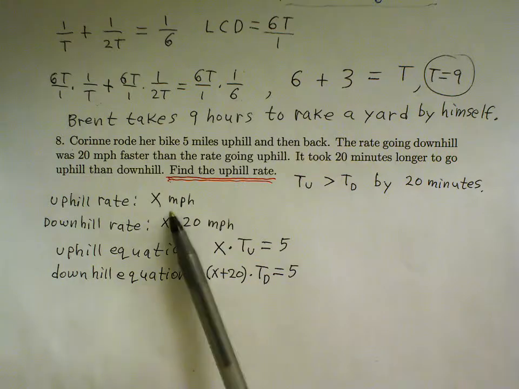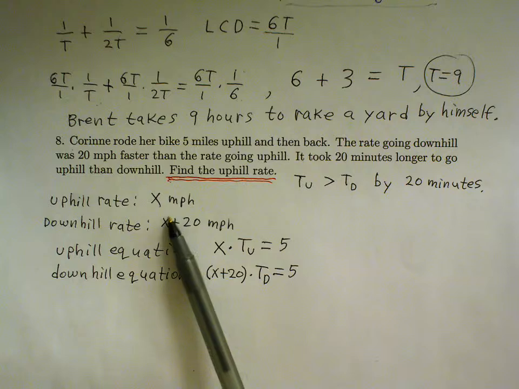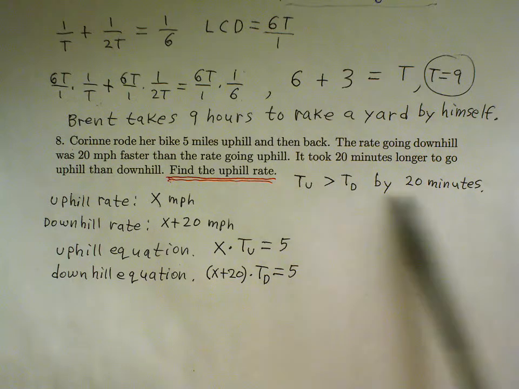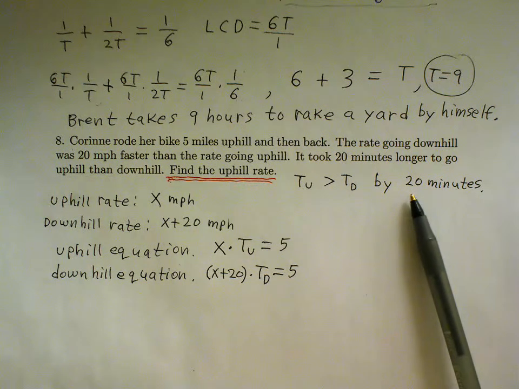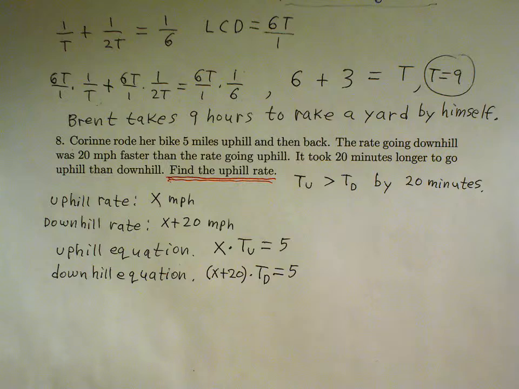We're going to have to convert miles per hour to miles per minute and leave the difference in time in minutes, or if we leave the rates measured in miles per hour, we're going to have to convert 20 minutes to a certain number of hours. So you can do it either way, but we can't use mixed units. We can't use miles per hour with minutes.